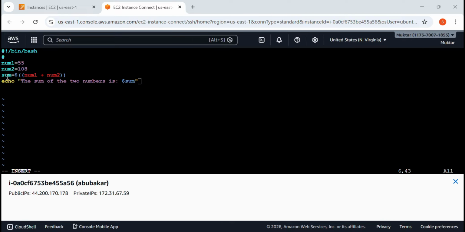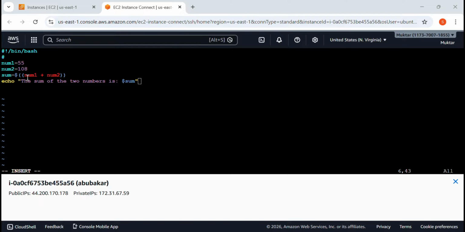After that, as you can see right here, sum= is creating a variable called sum. Wherever you come across sum=, that's just creating a variable. On the right side of the equal sign, there is a dollar sign followed by two open parentheses.